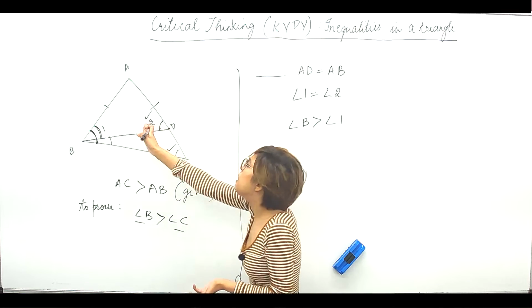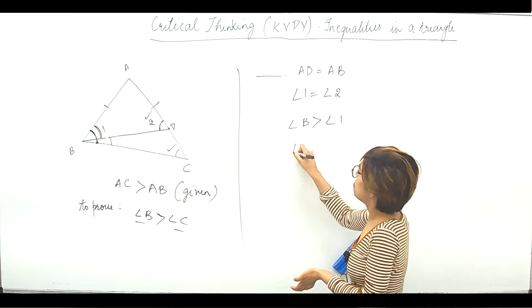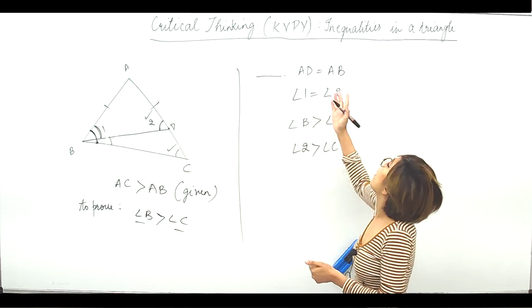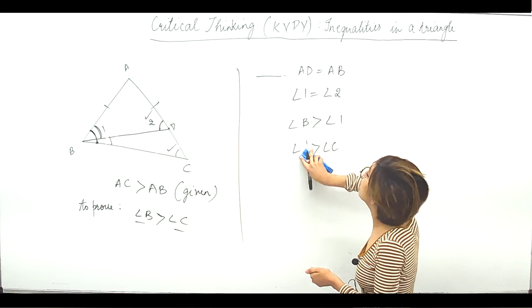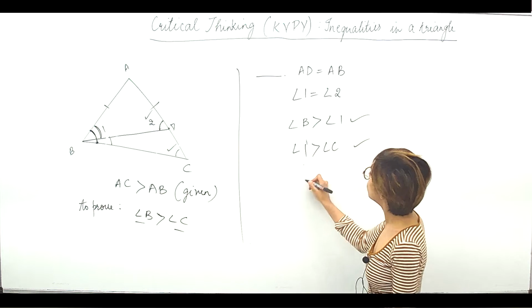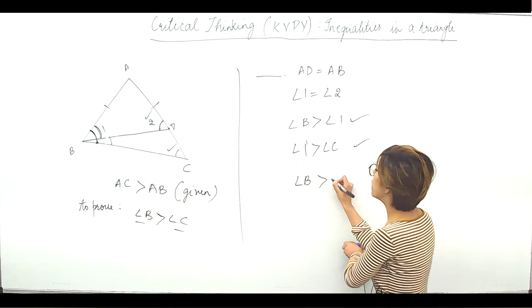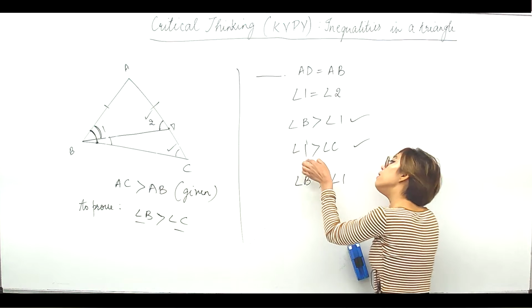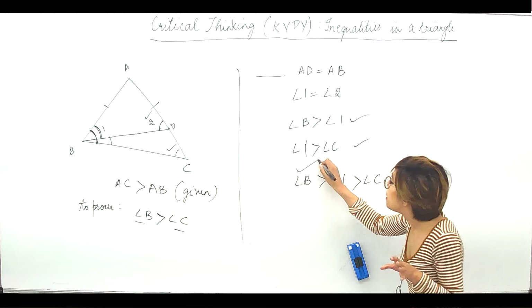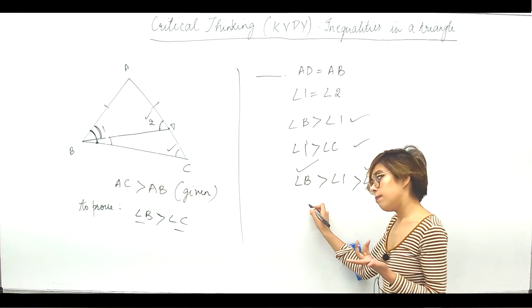So obviously angle 2 will be greater than angle 3. Right? अब angle 1 और angle 2 तो same ही थे, यहाँ पे angle 1 ही लिख देते, right? But that's it. Consider these two. I know that angle B is greater than angle 1, and I know that angle 1 is greater than angle 3. So can I say that angle B is greater than angle 3? Of course I can.